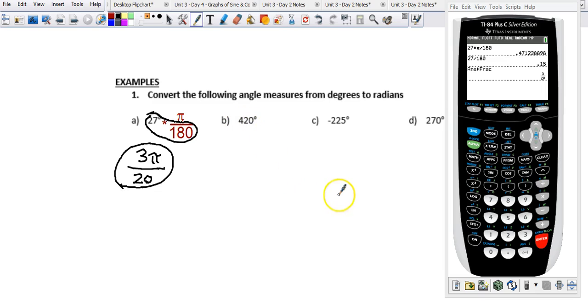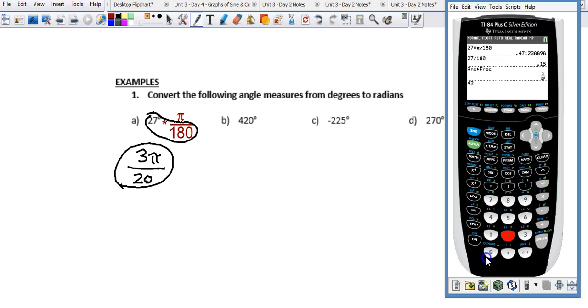Let's try it with 420. 420 divided by 180. It says 2.3333 repeating. Again, that's a repeating decimal, so we're going to be able to make a fraction. If you press math, enter, we can convert that to 7 over 3.